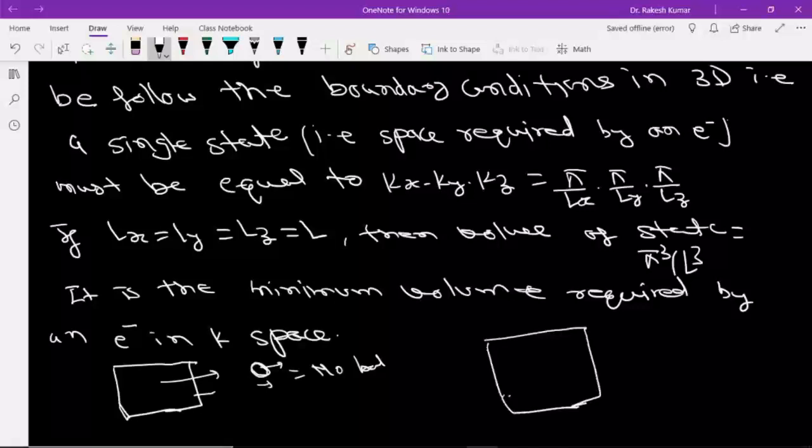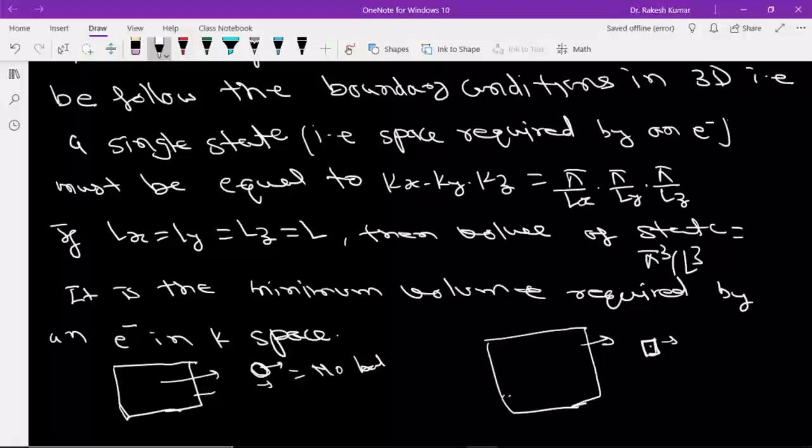Then if we know what is the minimum volume that is required by an electron, by dividing this volume by this volume, we can get the number of electrons that we can have in this volume.